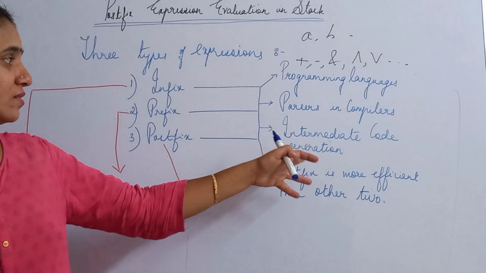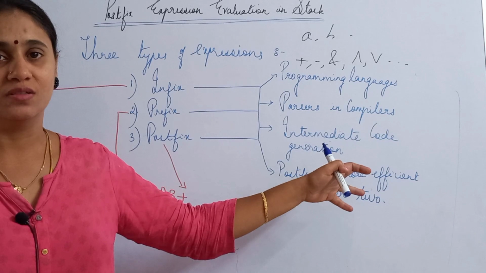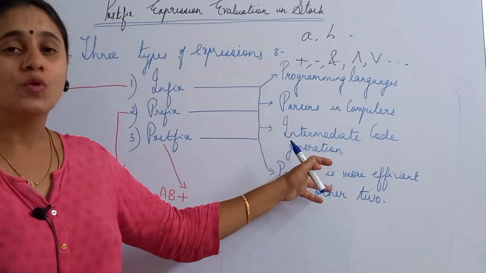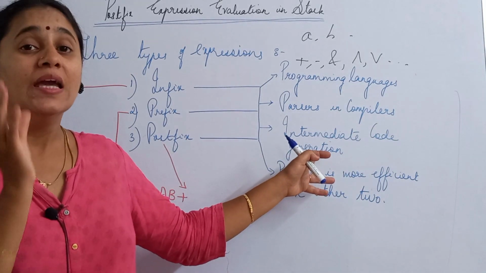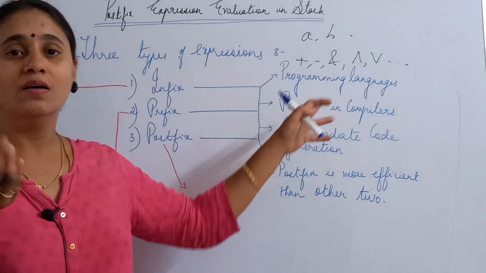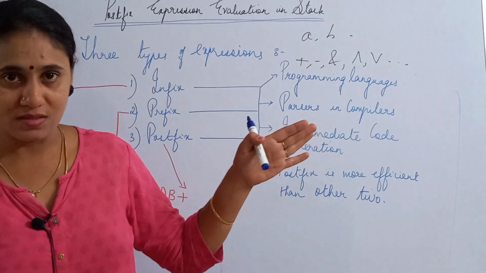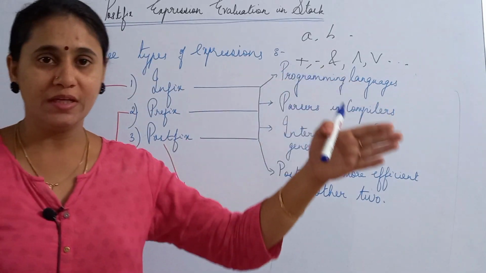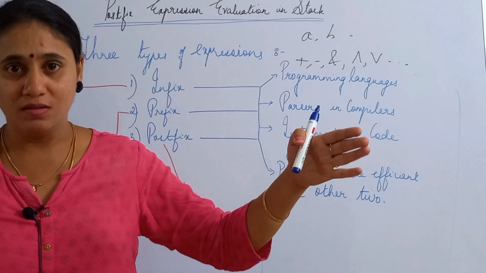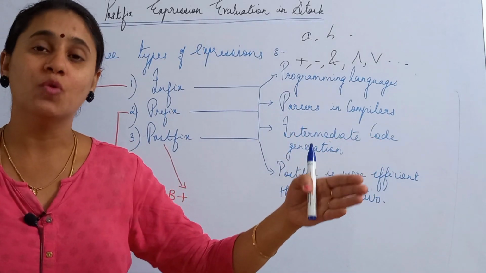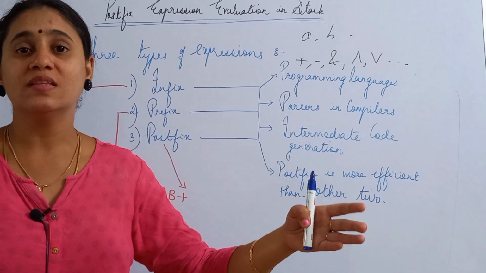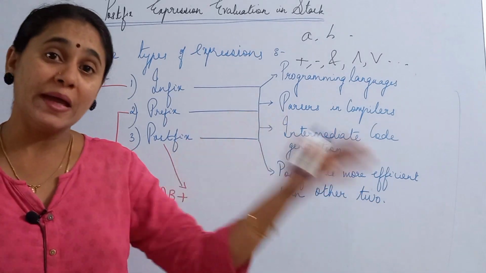Next is intermediate code generation. This is a concept that we use in between the application side and the system side, that is, between the end user at the front end and the hardware at the back end.